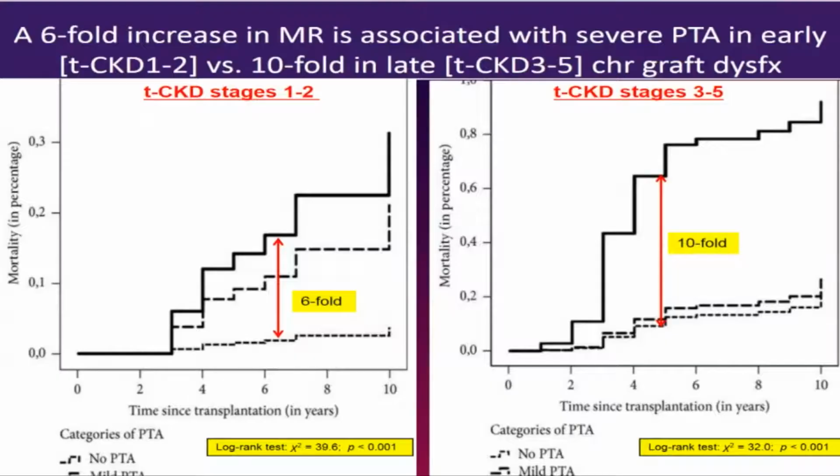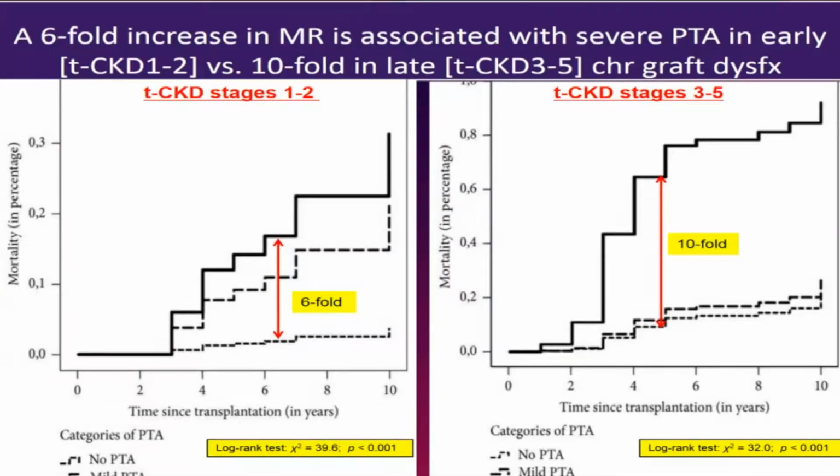If you look at transplant CKD stage 1 to 2 on the left, you will see a greater impact of severe anemia on mortality compared to mild anemia. This is evidence of an independent effect of anemia and CKD on mortality rate.